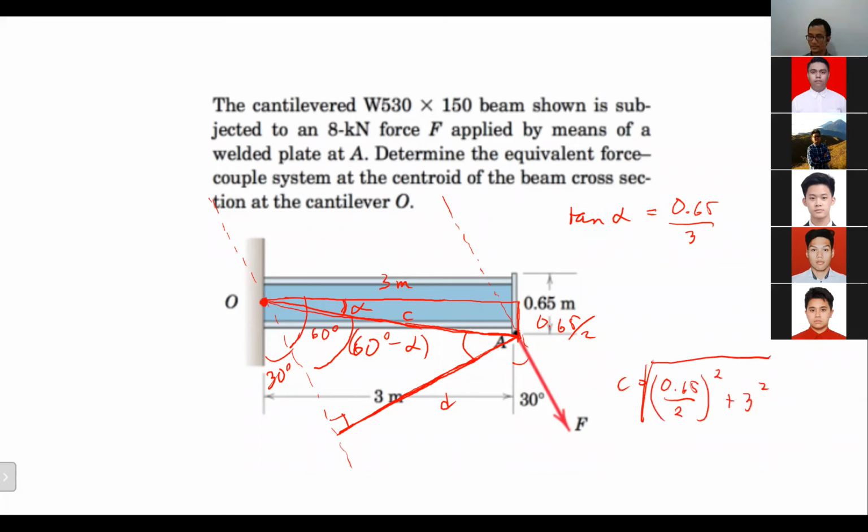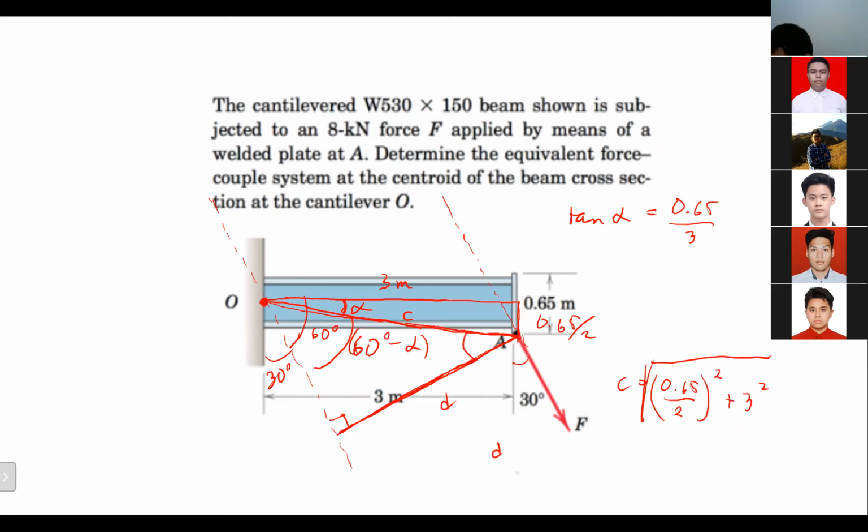That will be the length of C. After we find C and alpha, how can we find the angle?